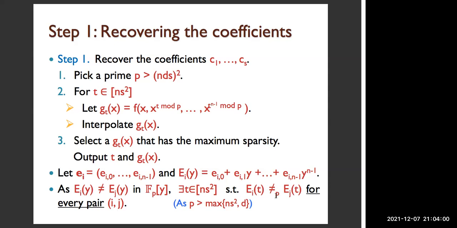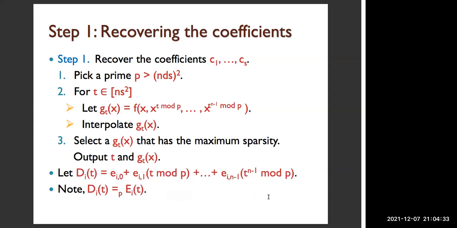This subscript here basically means that they're not equal mod p. So that number can be at most n squared, right? Because I'm choosing t from a large enough range, I'm sure that there does exist a t such that this condition holds, that e_i and e_j are not equal modulo p when evaluated at t, and this happens for every pair, which is interesting, which basically ensures that all these monomials are going to different buckets.